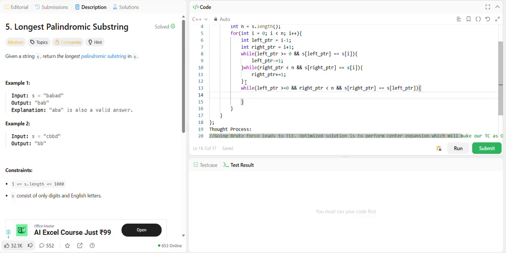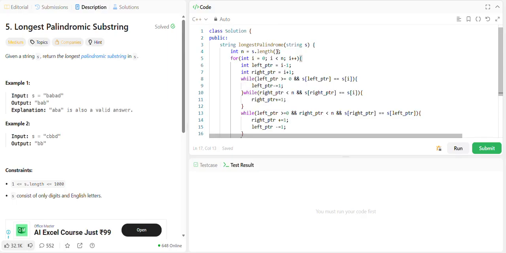We will be moving both: I will be performing right ptr plus equal to 1 and left ptr minus equal to 1. So I think this will work.